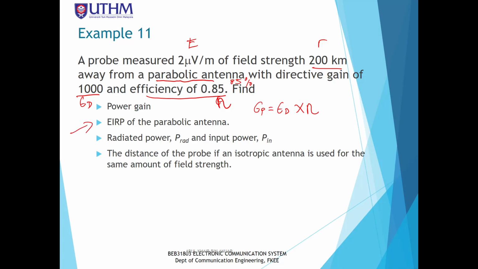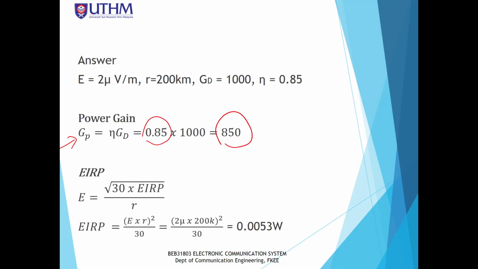And then EIRP. P radiation is not given in this example, so we can find EIRP as P times G. It depends whether you want to use input power or radiation power. From here, we can find the power based on the E field equation. Berdasarkan persamaan electric field, kita boleh mencari nilai power menggunakan EIRP dalam kes ini. So you see that E field is equal to square root of 30 times EIRP.